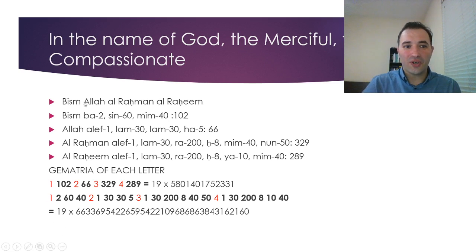So, the first word, Ba 2, Sin 60, Mim 40. Word 2, Alif 1, Lam 30, Lam 30, Ha 5. Then the third, each of them. The fourth, each of them. This is a number. You put that number and divide it by 19, it's going to give you this number without decimals. A perfect gematria of each letter.